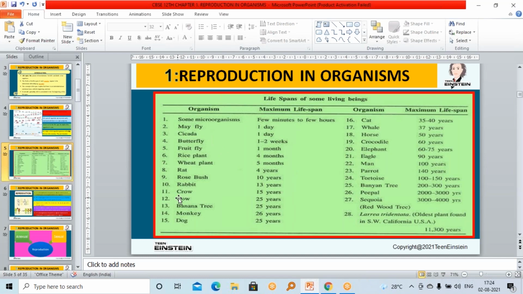And next, in the list, the lifespans of these living organisms are mentioned. You can see here, the organisms are there. Note down these things. So many MCQs will come for the NEET exam. I said, whatever the lifespan, death is definitely going to happen.